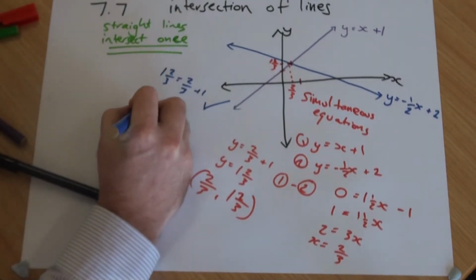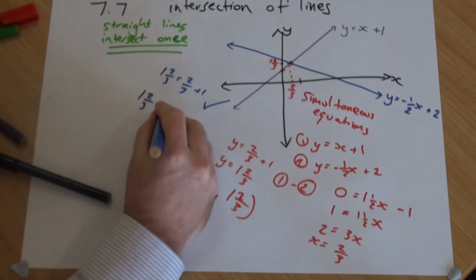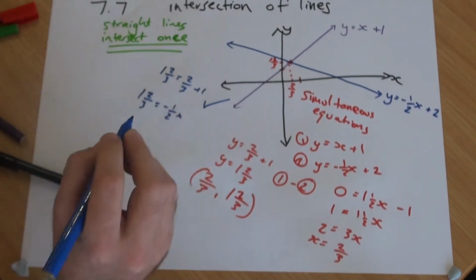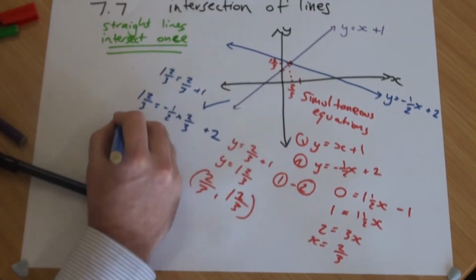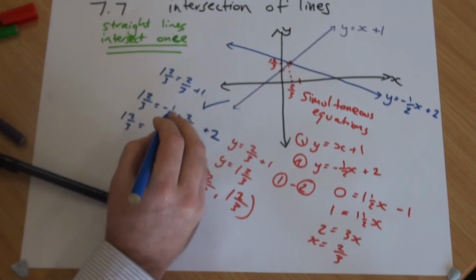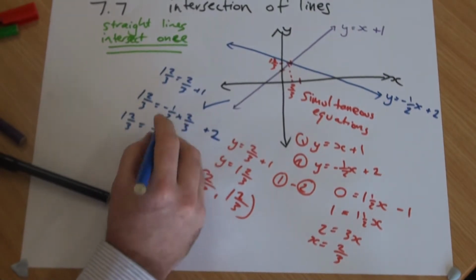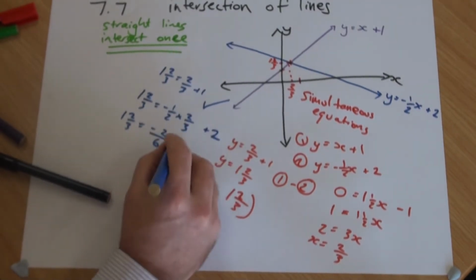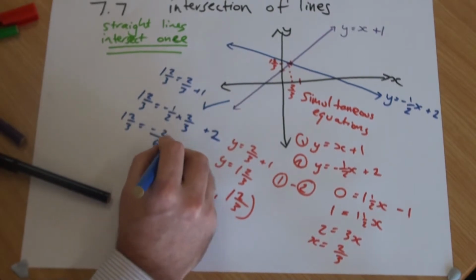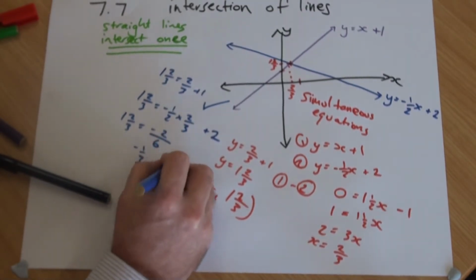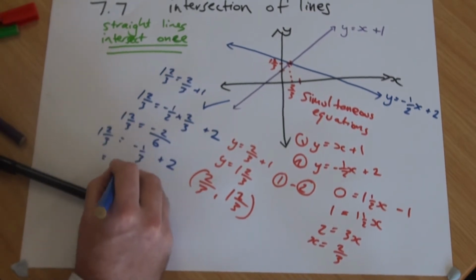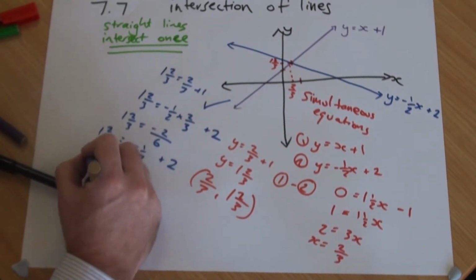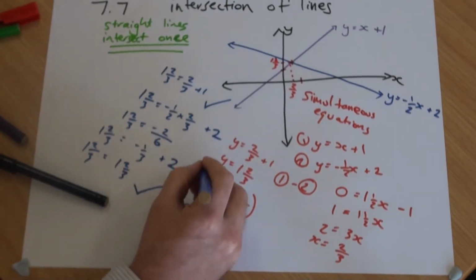And 1 2/3 equals minus a half times 2/3 plus 2. Okay, 1 2/3 equals negative 2/6, which is the same as negative a third, plus 2, which is of course the same as 1 2/3. So these guys satisfy this point here.